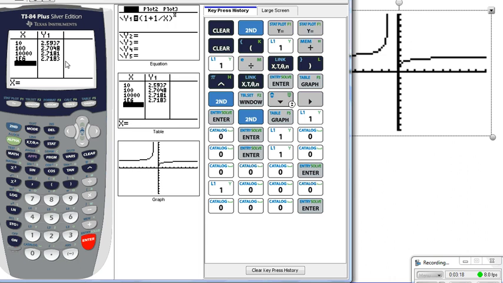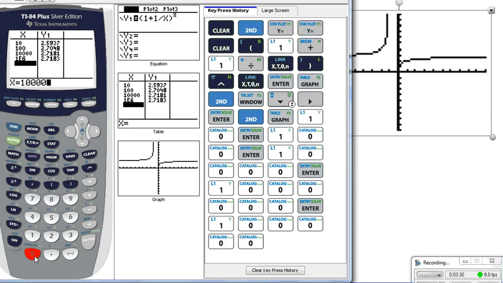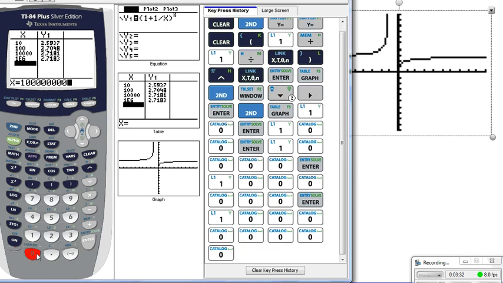Oh, okay, it became 2.718. Which one will be able to get to 4? Let's go for a couple more numbers. Now this will be 100 million. For the curiosity, let's see what happens here. Oh, I am almost getting the same value.